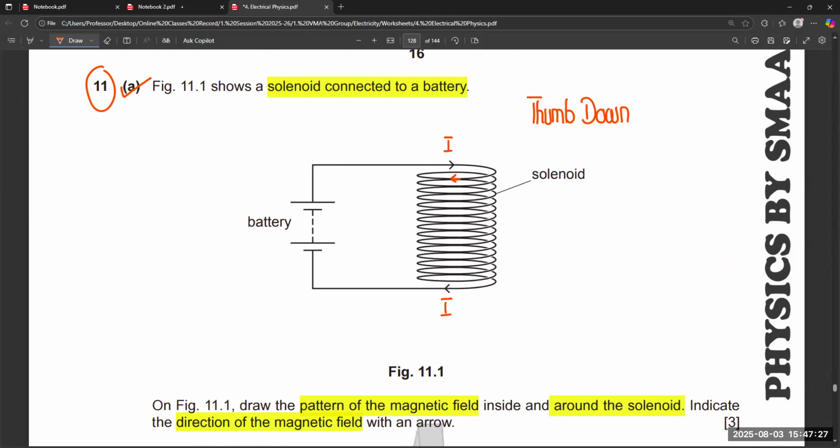So when you consider thumbs down direction, it means thumb is in downward direction. So that represents North Pole in bottom side, South Pole on the top side. So the magnetic field lines will be from north to south.